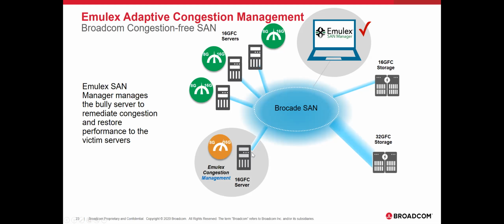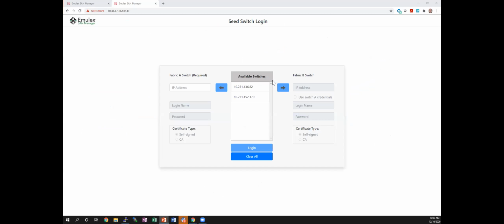So you will see the I/O decrease on this server to eliminate congestion on the SAN. And the positive effect is that all of your workloads will now go back to their normal state. So at this point, I'm going to switch over to the application, and I'm going to show you these features.